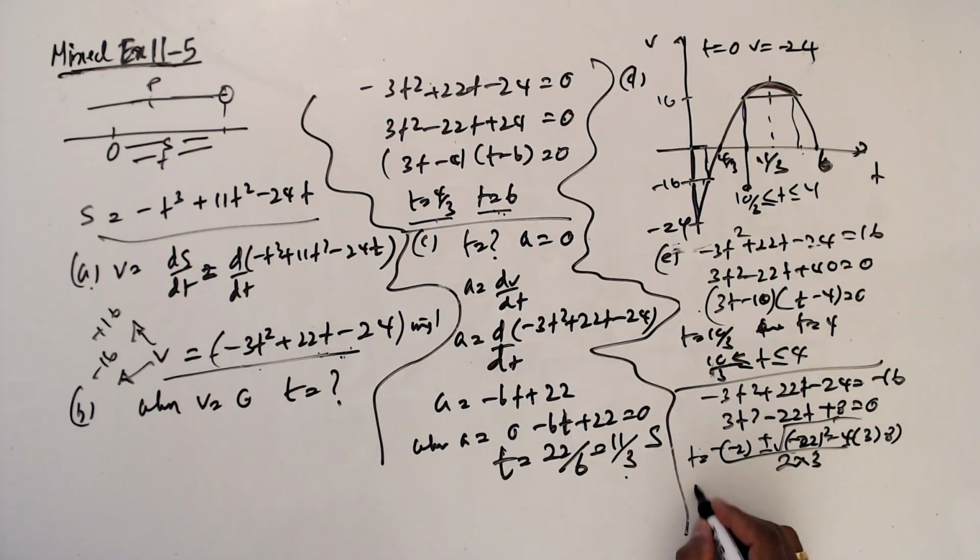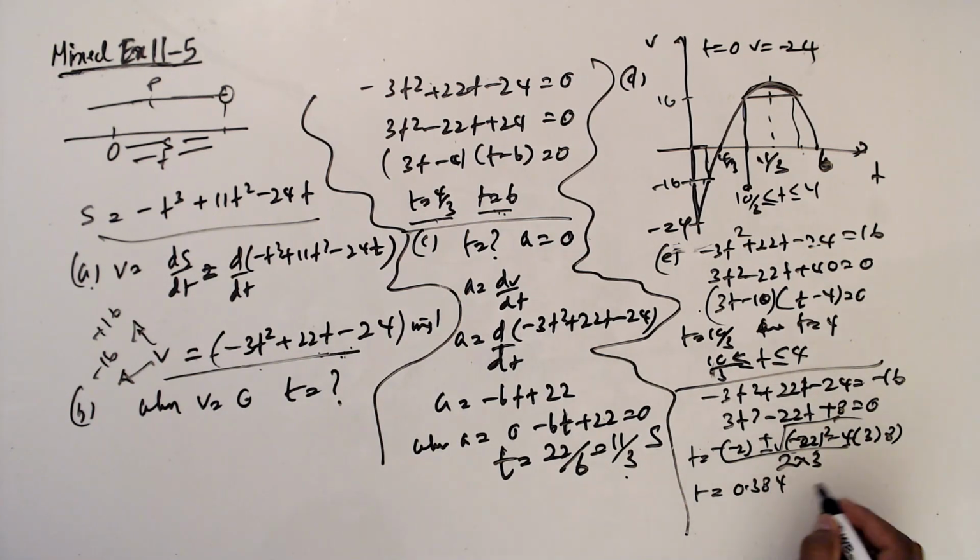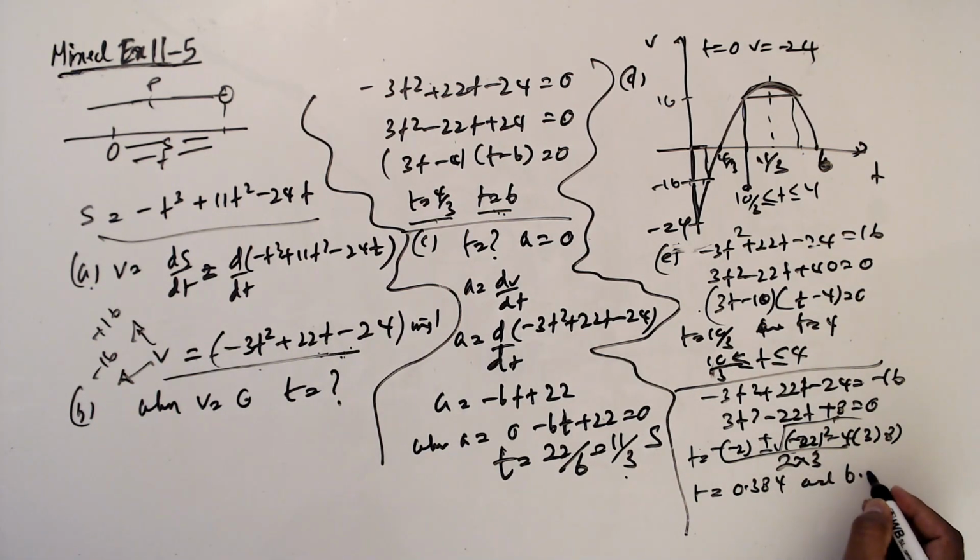Then we will get two t values. One is 0.384 and the other is 6.95495, so this is more than 6. We don't need to discuss this one.